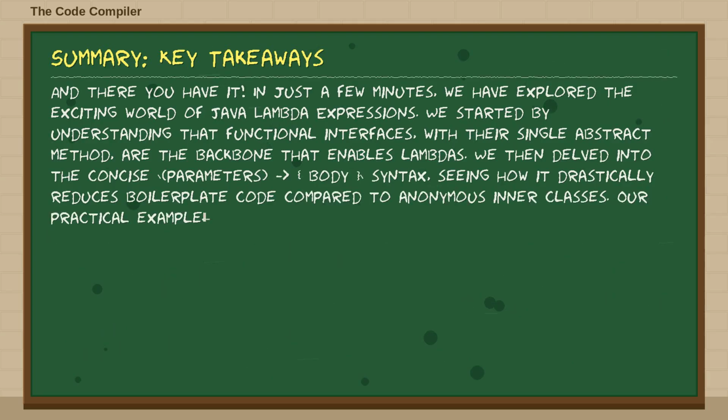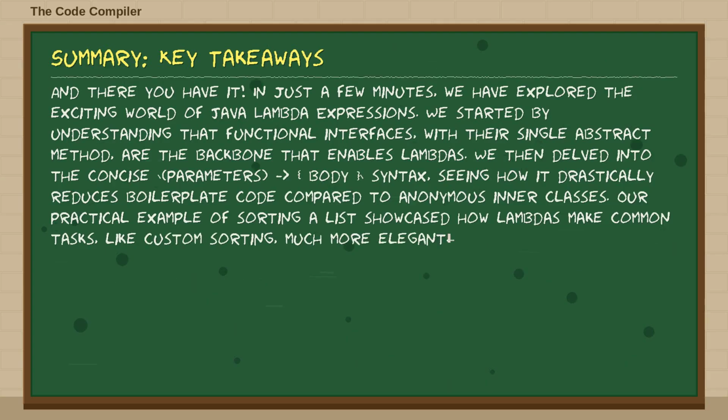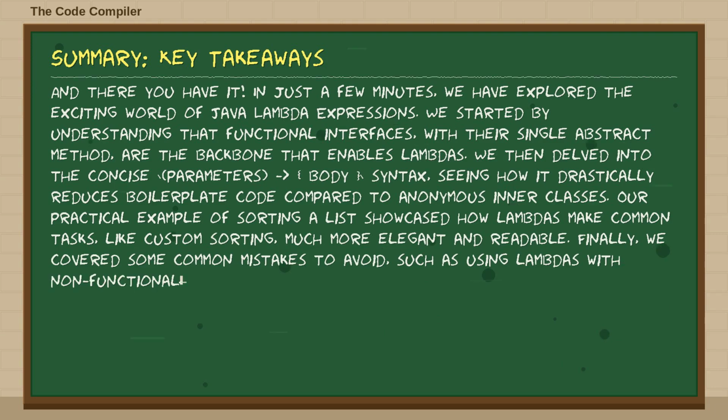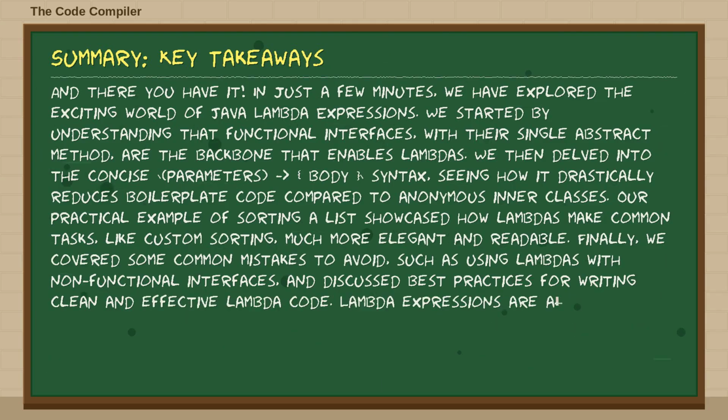Our practical example of sorting a list showcased how lambdas make common tasks, like custom sorting, much more elegant and readable. Finally, we covered some common mistakes to avoid, such as using lambdas with non-functional interfaces, and discussed best practices for writing clean and effective lambda code.